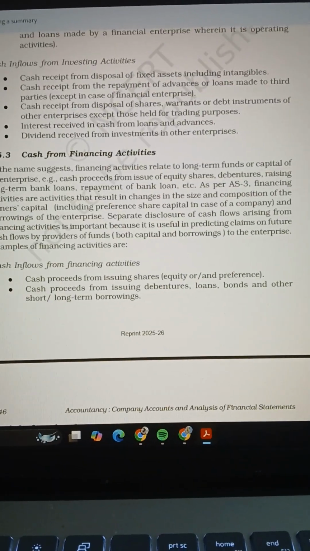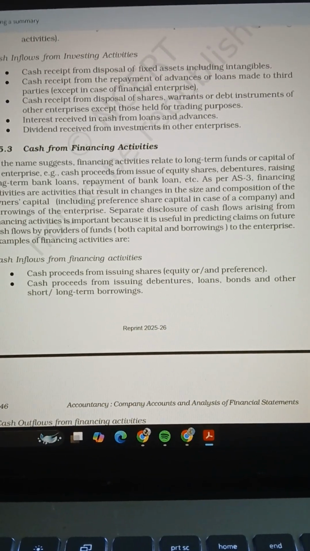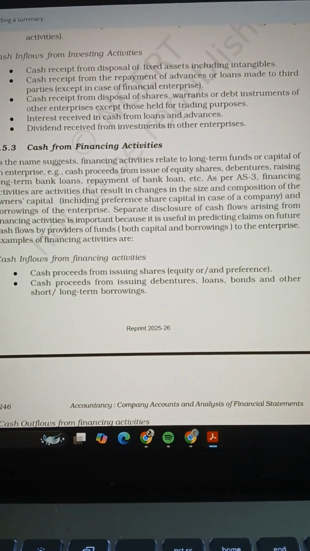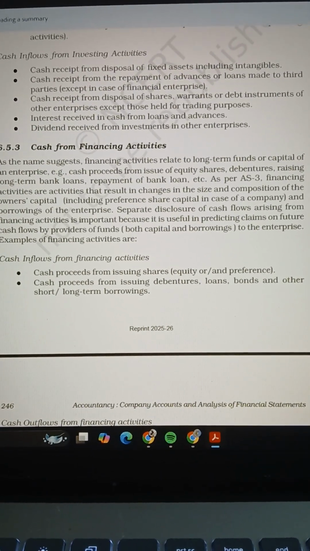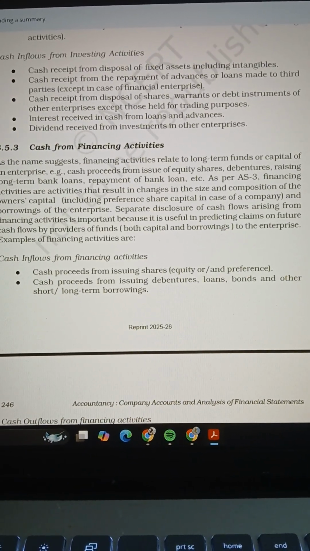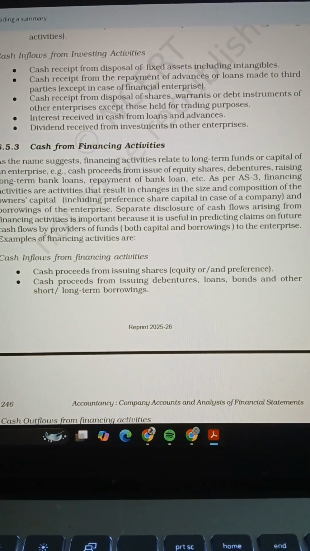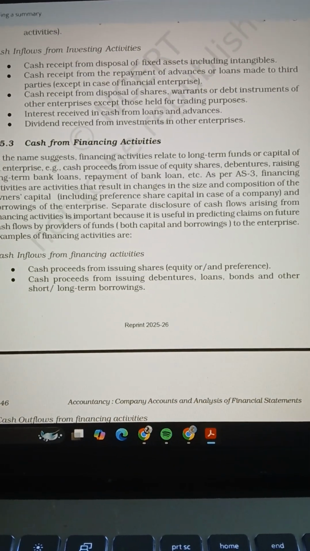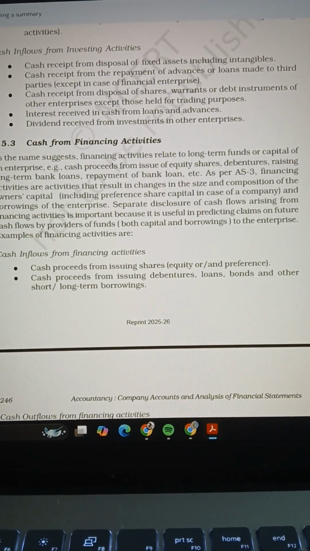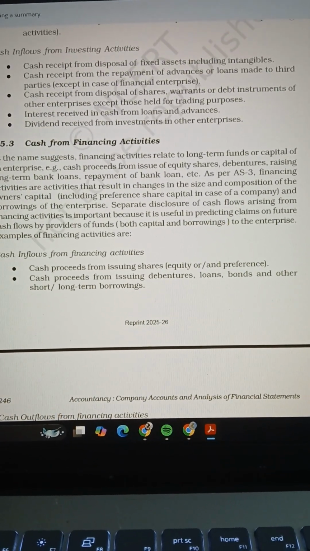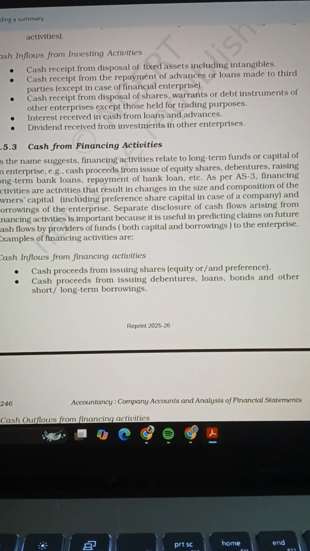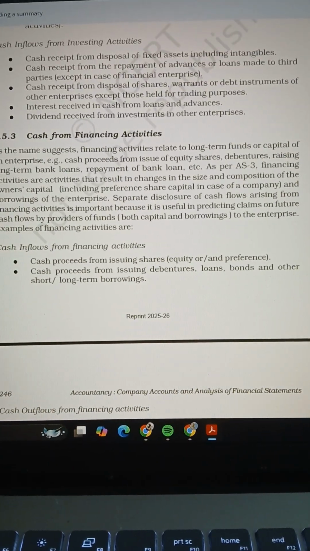Then cash from financing activities. As the name suggests, financing activities relate to long-term funds or capital of the enterprise. For example, cash proceeds from the issue of equity shares, debentures, raising long-term bank loans, repayment of bank loans, etc. As per Accounting Standard 3, financing activities are activities that result in changes in the size or composition of the owner's capital, including the preference share capital in the case of a company, and borrowings of the enterprise.